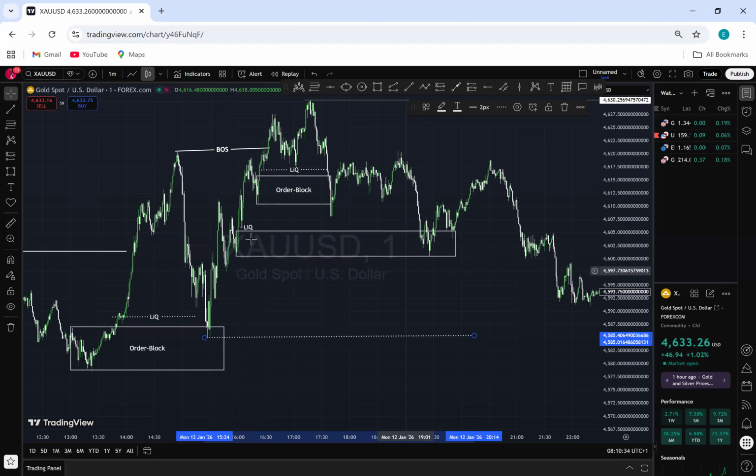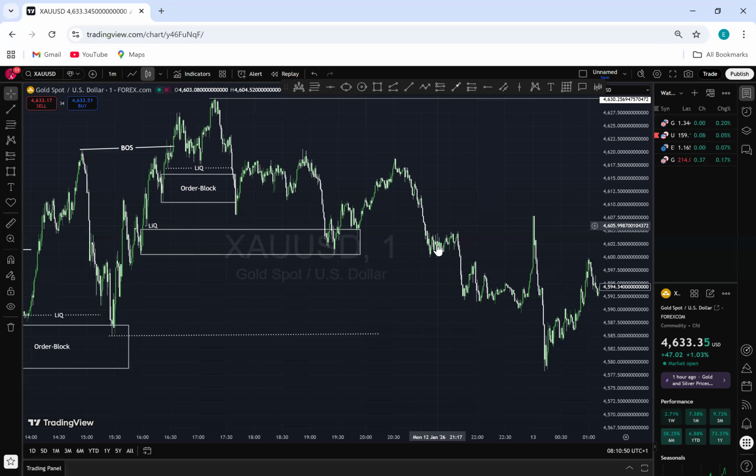So if the trend is going to change, it is not going to be from this region like most people assumed. It is going to be from this region because this is the low that created every high you are seeing here. So this took us out at break even, and then we had a change of character here.